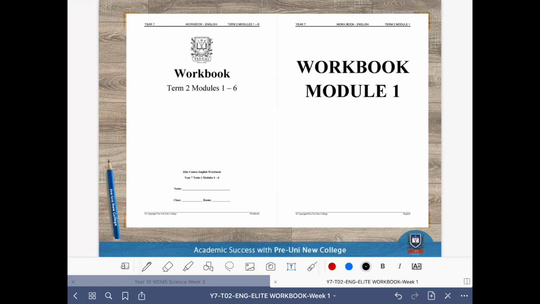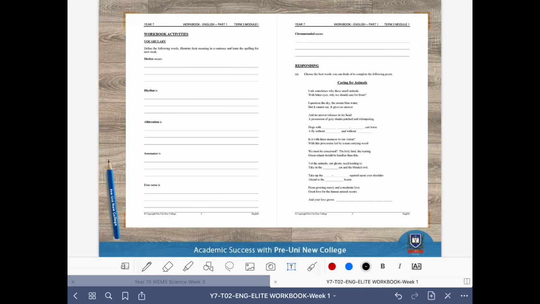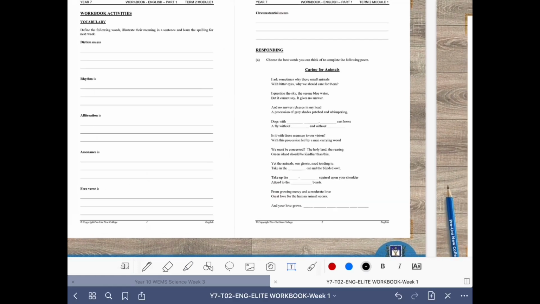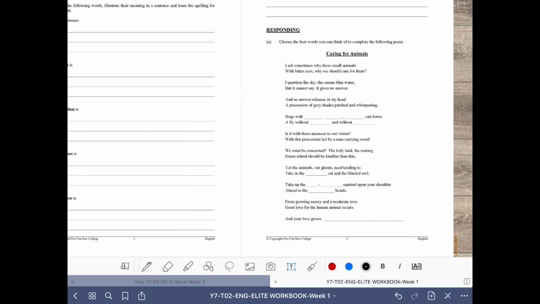Alright, so you should be looking at the workbook for Module 1, and we've done our spelling. So the first thing we're going to be looking at today is the two poems. What you're being asked to do with this first activity is to actually think like a poet.